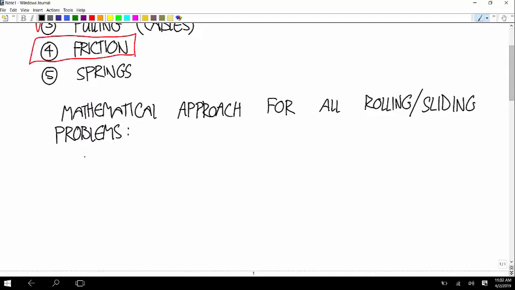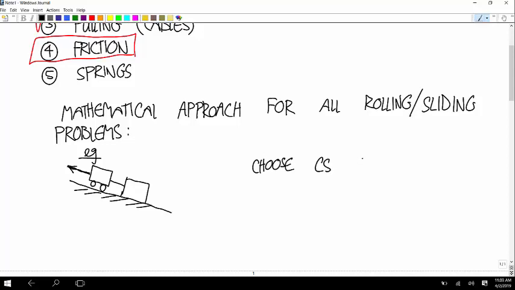And so anytime we have a rolling or sliding problem, for example, if we have a problem where there's a box here and it's connected to a cart, and they're being pulled up the ramp like this, the approach we're going to take is to choose a coordinate system with the y-axis straight out of the surface.